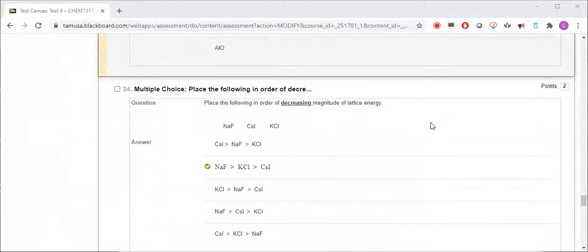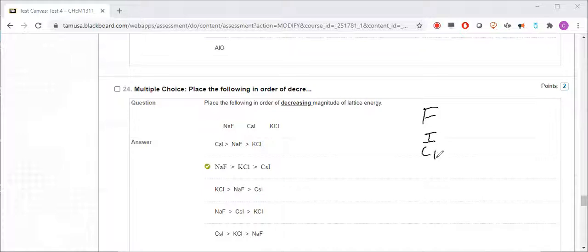Place the following in decreasing magnitude of lattice energy. So first let's just look at our ions, right? So the anions are F, I, Cl. They're all -1 charge. Our positives are Na, Cs, and K, all +1. So all the anions are -1, all the metals are +1.